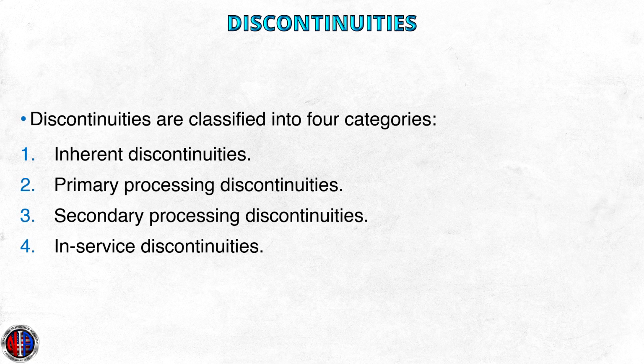As well as inherent discontinuities, primary processing discontinuities may be found in composite materials. 3. Secondary processing discontinuities, which stem from secondary processing and finishing operations such as machining, grinding, heat treatment, and plating. 4. In-service discontinuities, which are caused during the use of the part.